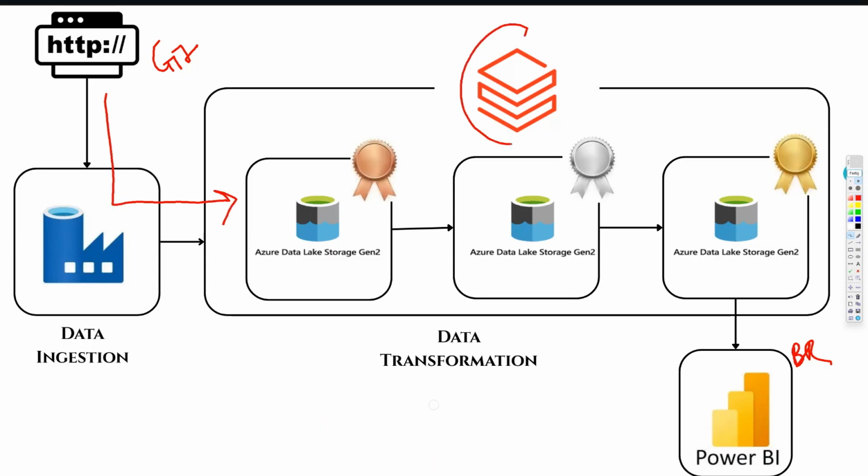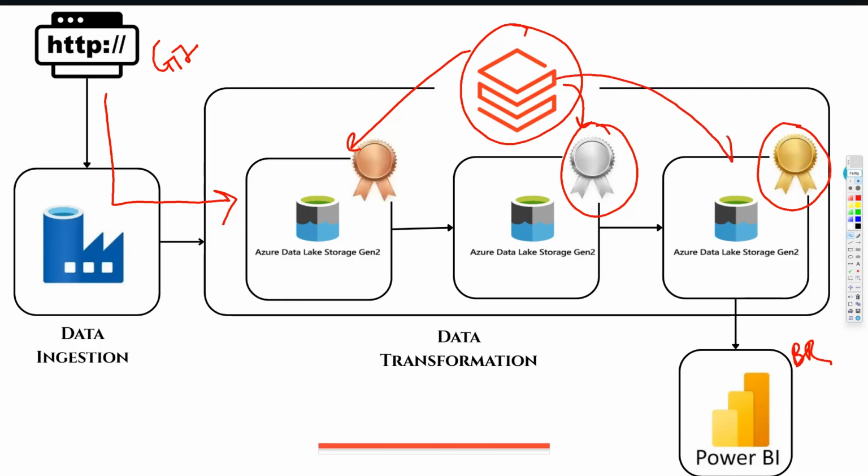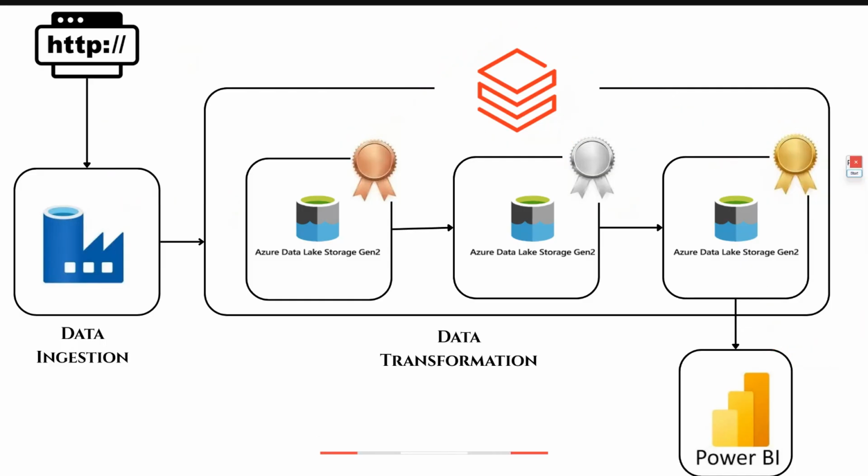Then we have utilized Databricks to create the other Medallion architecture layers, which were silver and gold. And we saw how we can connect Databricks to the ADLS account, how we can fetch that data, how we can transform that data, and how we can again push that data to different layers in ADLS Gen 2. And once we are done with our work, how we can connect our Databricks to Power BI. So this is how the end-to-end pipeline works.